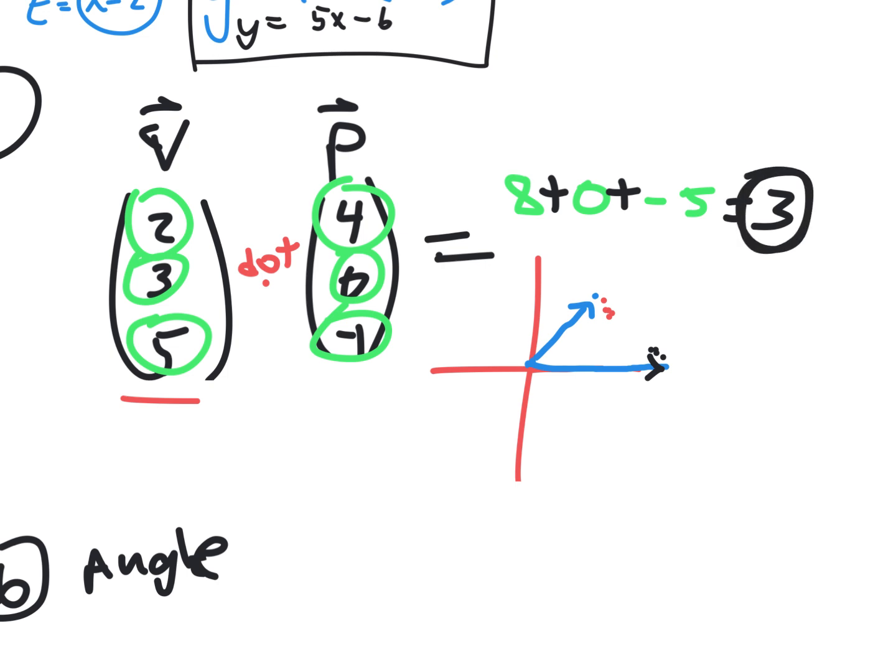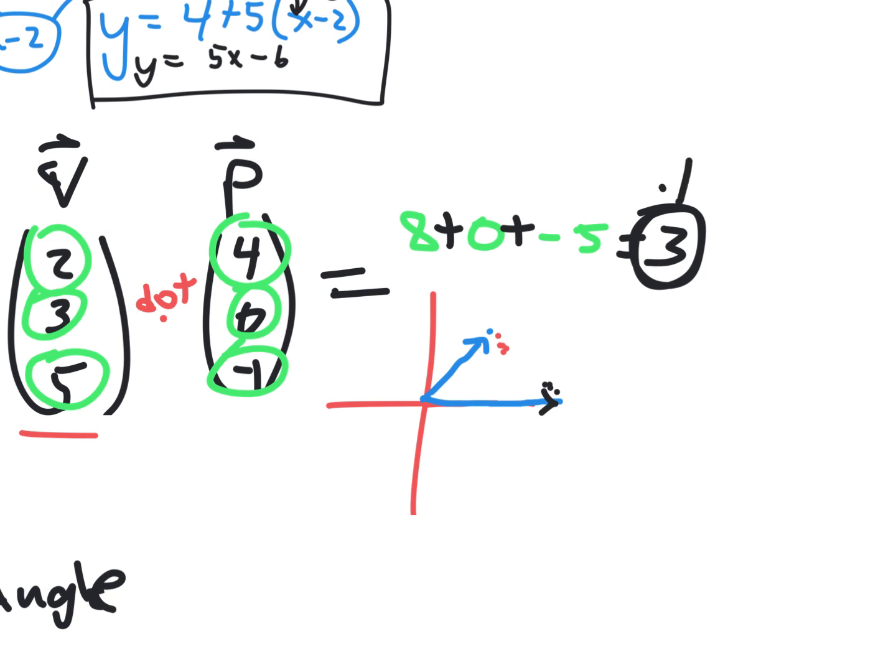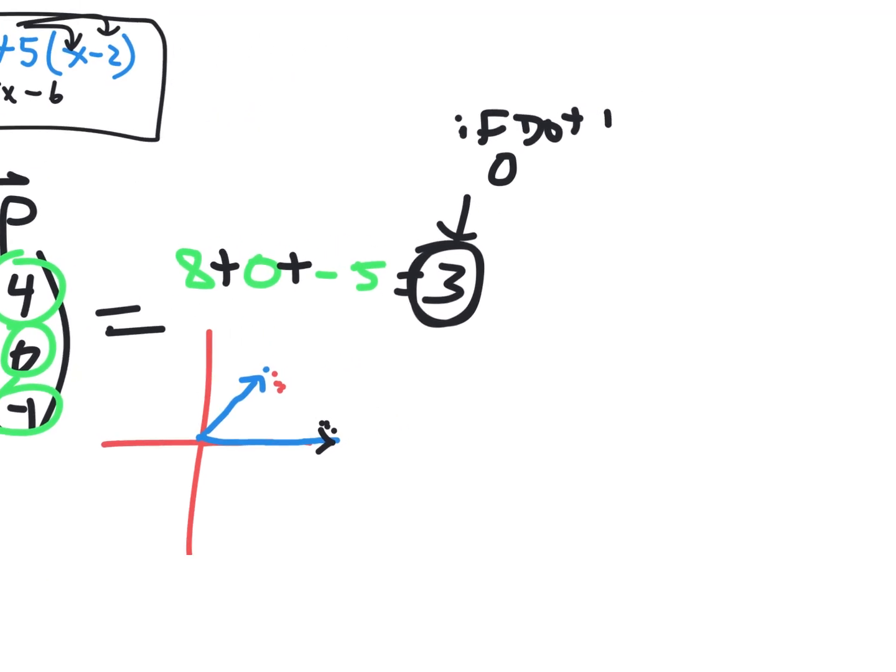Cool. Do you remember the special thing about dot product being 0? If the dot product is 0, then what? Anybody remember? Yep. It's perpendicular. Yes. The two little arrows, since a vector is like an arrow, those two arrows would be perpendicular.